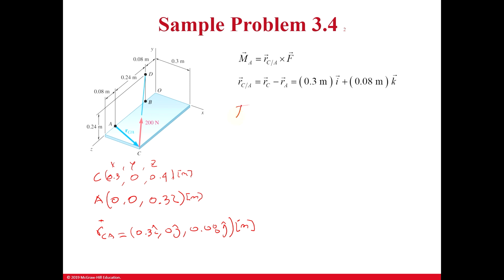So for this force, we're gonna do the tension of C to D times lambda CD. And remember that lambda is the direction, the unit vector. So lambda CD is equal to the RCD vector divided by the magnitude of RCD.